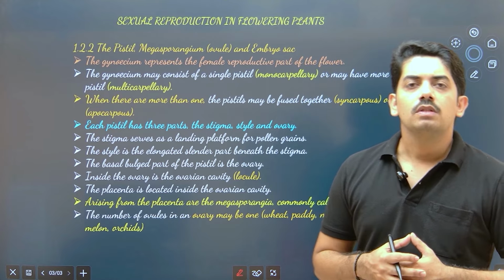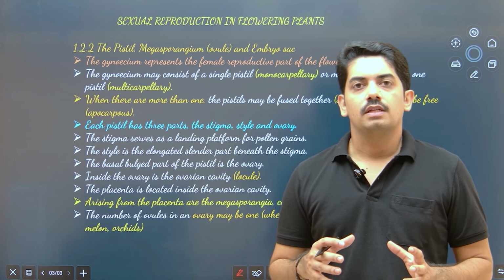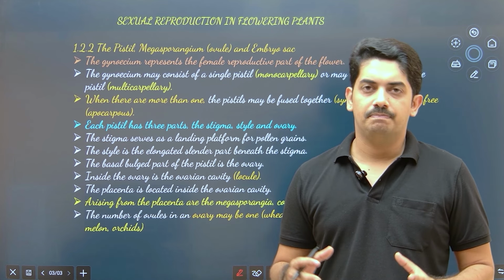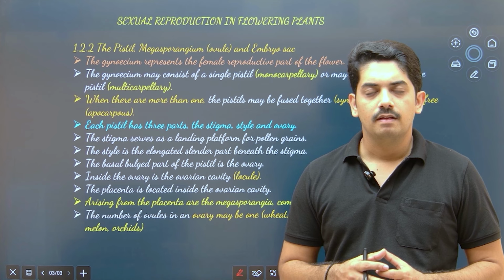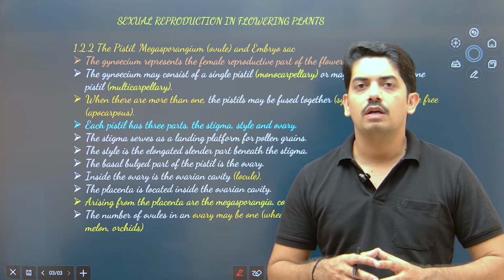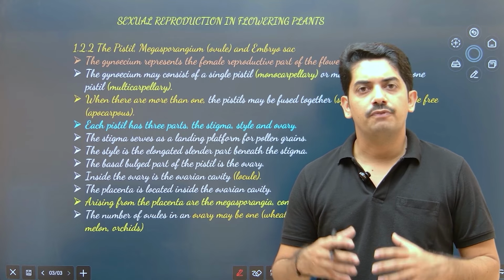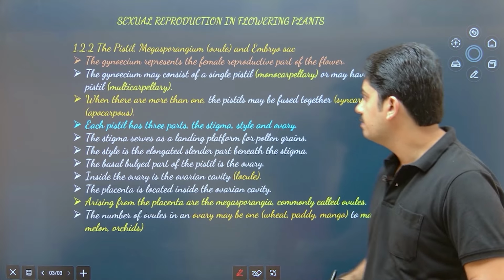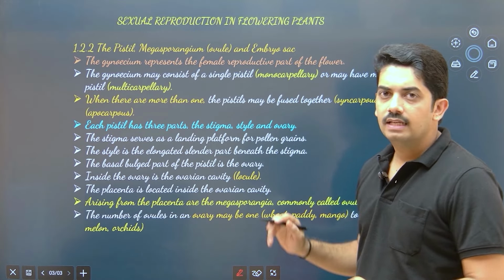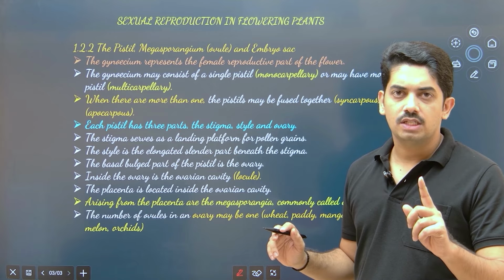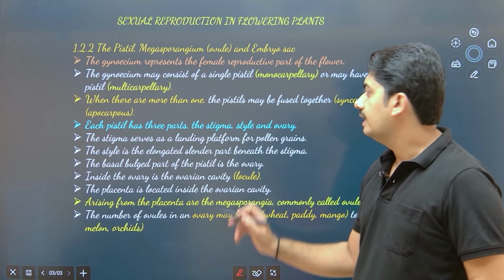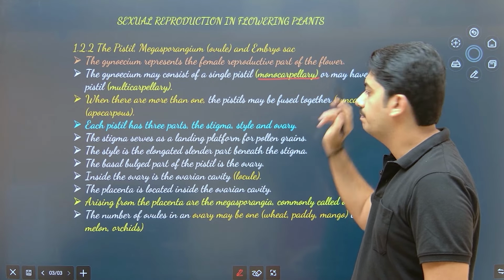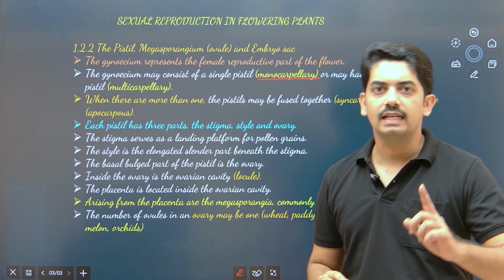Okay. Now the question comes, the number of carpels in a flower, whether they are fused or free. If they are fused, what type of technical terms are used? Here you can see, suppose a flower consists of only one carpel, then we use the term monocarpellary, single carpel.